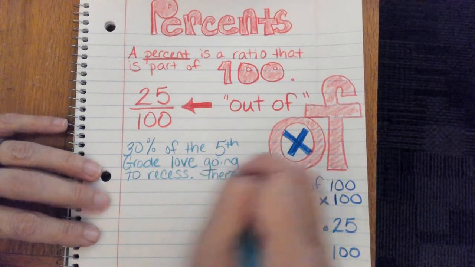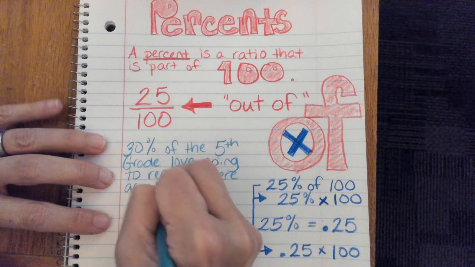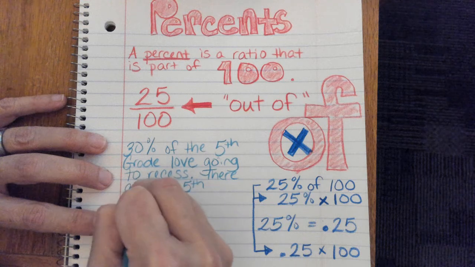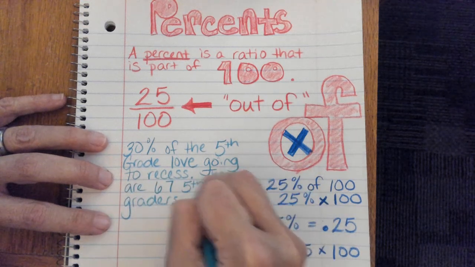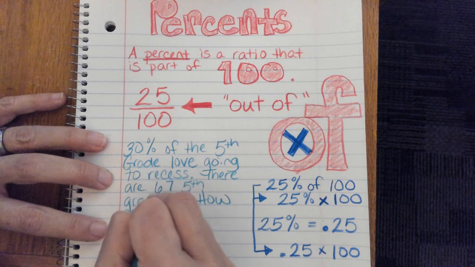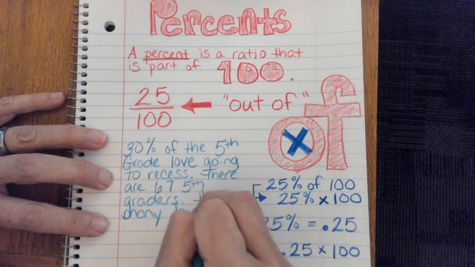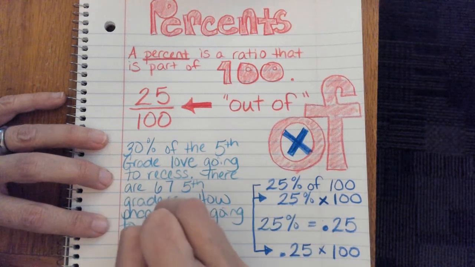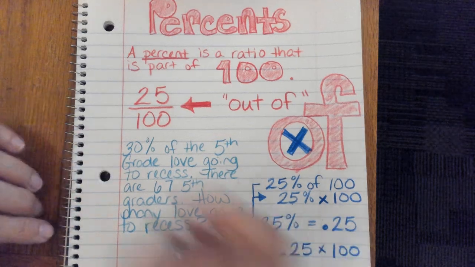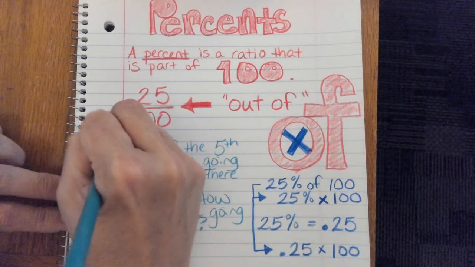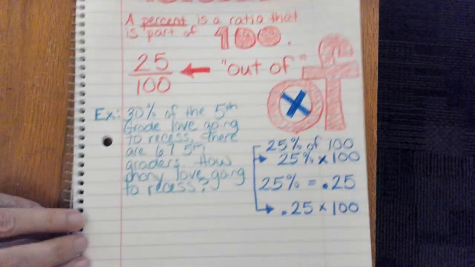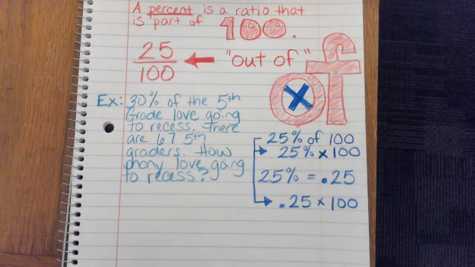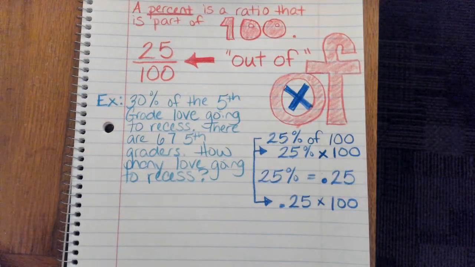There are 67 5th graders. How many love going to recess? So this is my example problem. I know you're like, all the kids love going to recess this morning. I know. But in my problem, only 30%. Okay? So I can look at this 2 different ways.